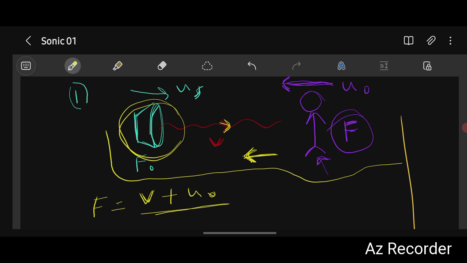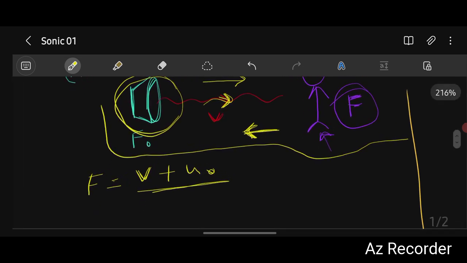This source has velocity in the same direction as the sound velocity, so the velocity relative to sound velocity is v minus us.